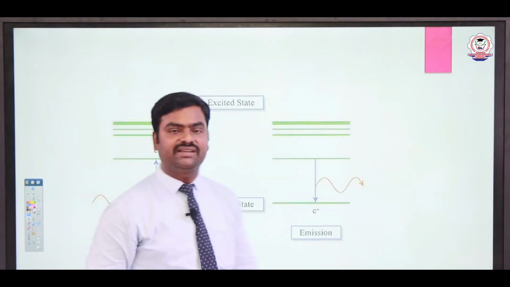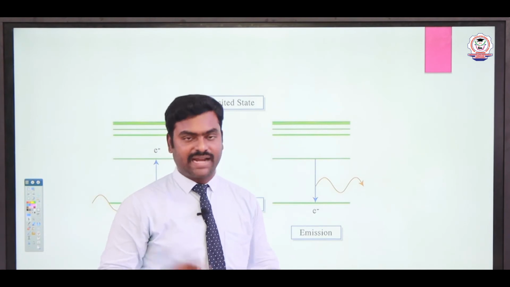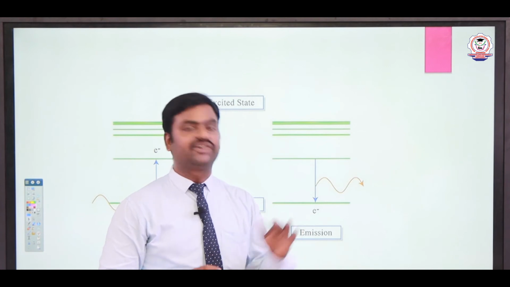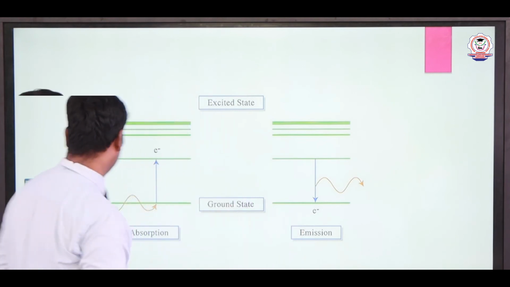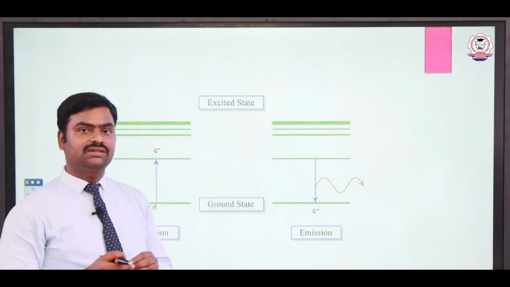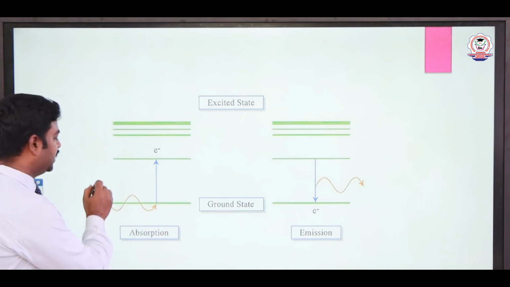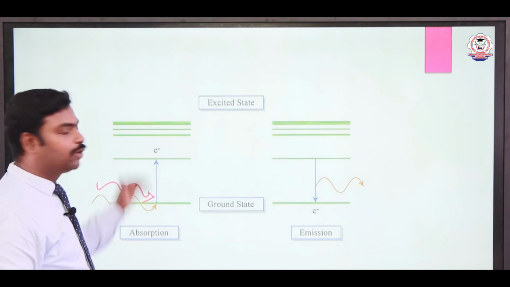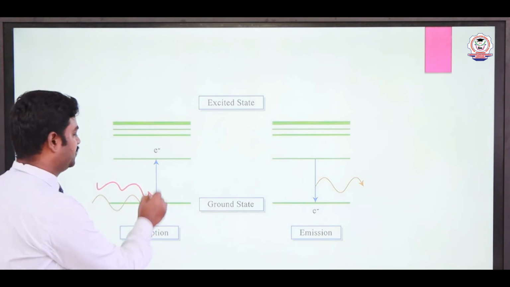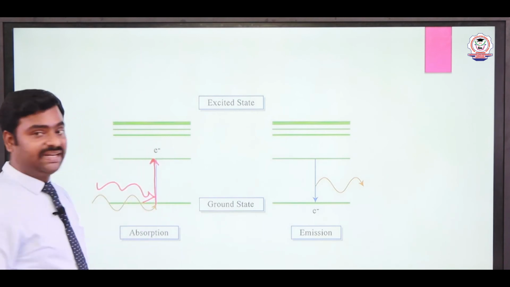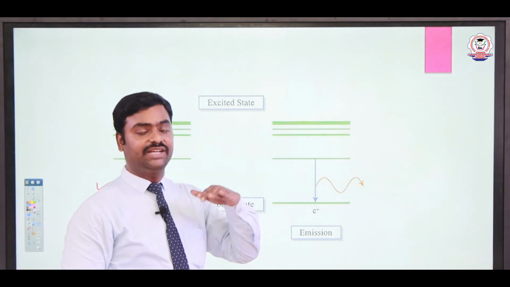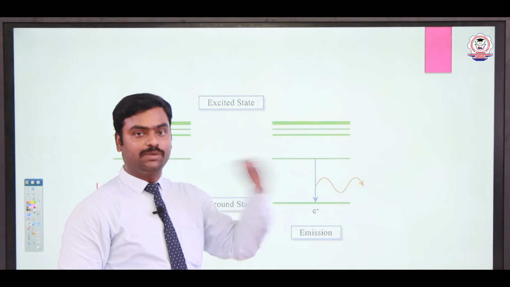So what is happening in atomic spectroscopy? In an atom, there are so many electrons available. They may be present in a stationary orbit, stationary level. When an electron is irradiated with light energy, what happens? It may go to a higher energy state. When it reaches the higher energy state, it won't stay there for long.